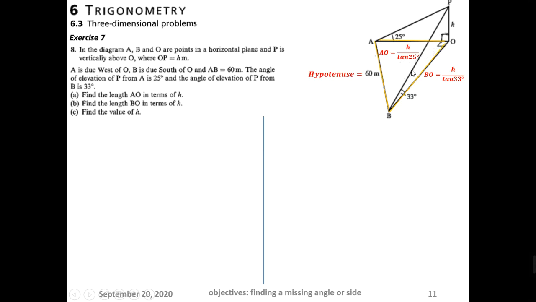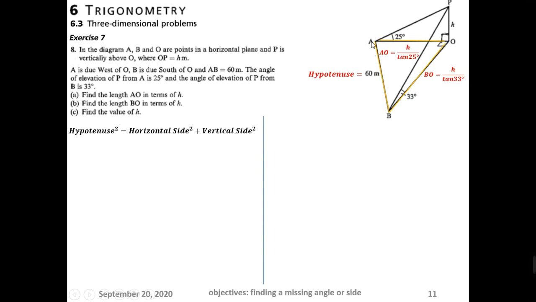Accordingly, in this case, we are going to use the Pythagorean theorem, which states that hypotenuse to the power of 2 is equal to the horizontal side to the power of 2 plus the vertical side to the power of 2.